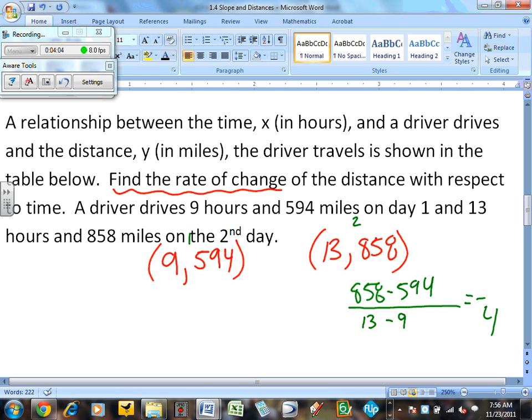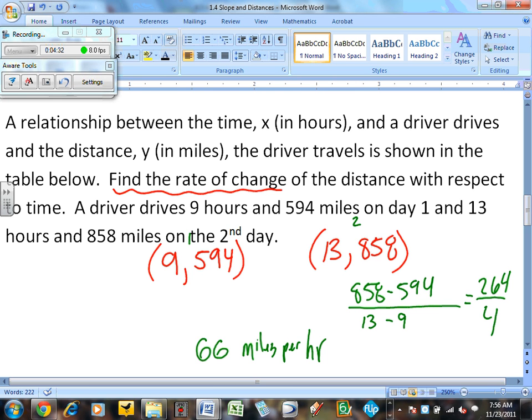The bottom is going to be 4. The top is 858 minus 594, which is 264. And if we divide that, we're going to get 66. So our average rate of change is 66 miles per hour.